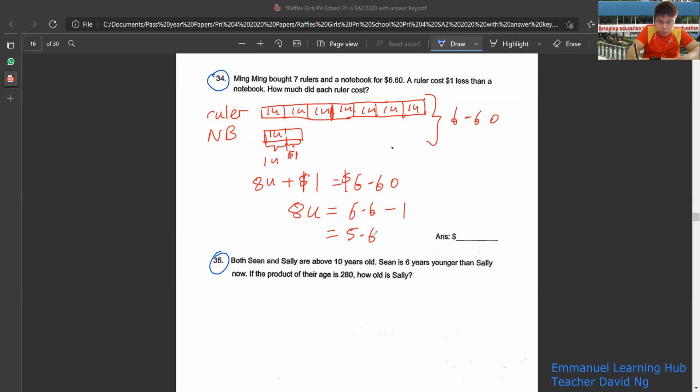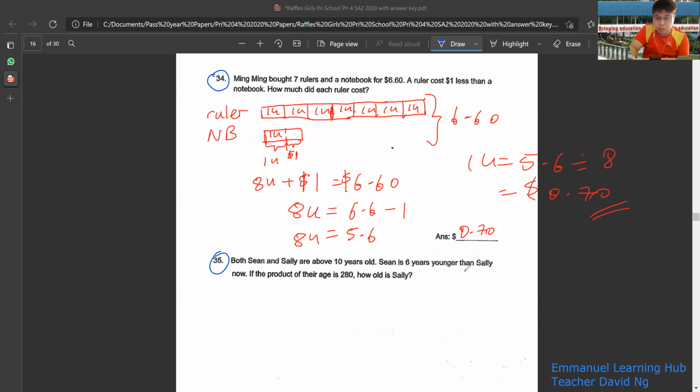Do you understand my solution? Yes. Can you explain to me why it is 70 cents?